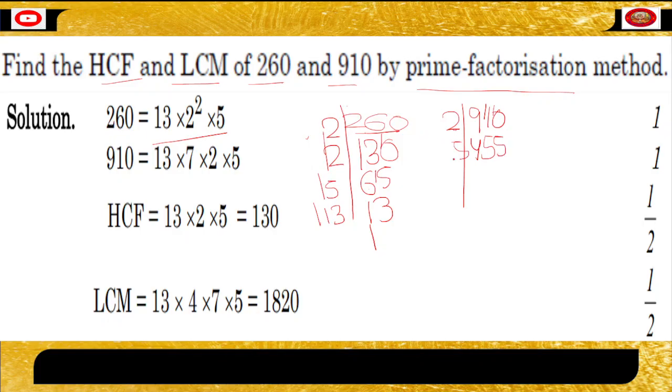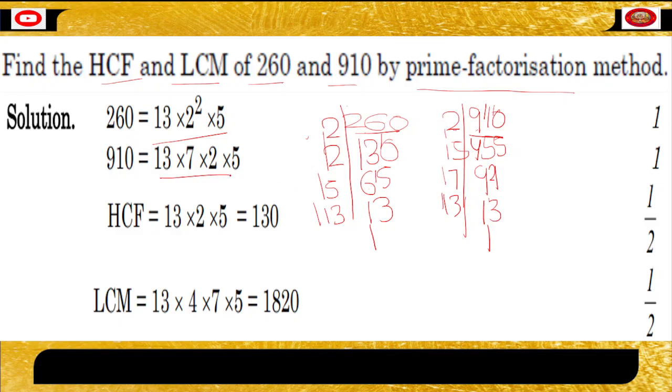Next, 5. 5 9s are 45. 5 1s are 5. Next, 7 1s are 7. 9 minus 7 is 2. That 2 should be written here. Then 1 becomes 21. 7 3s are 21. Next, 13 1s are 13. Then 910 is written as 2 into 5 into 7 into 13.